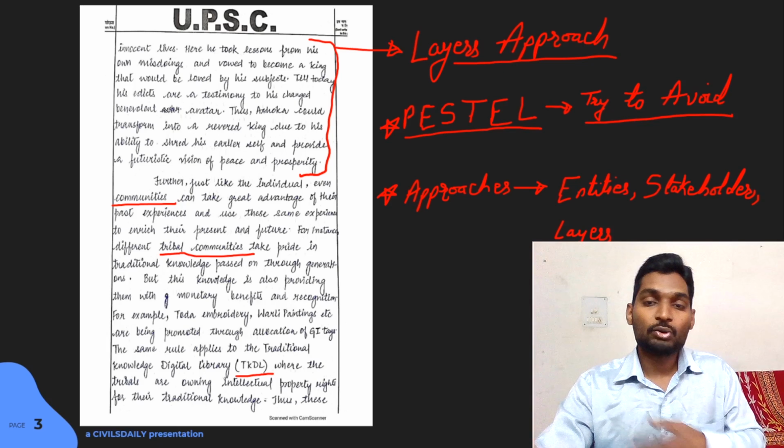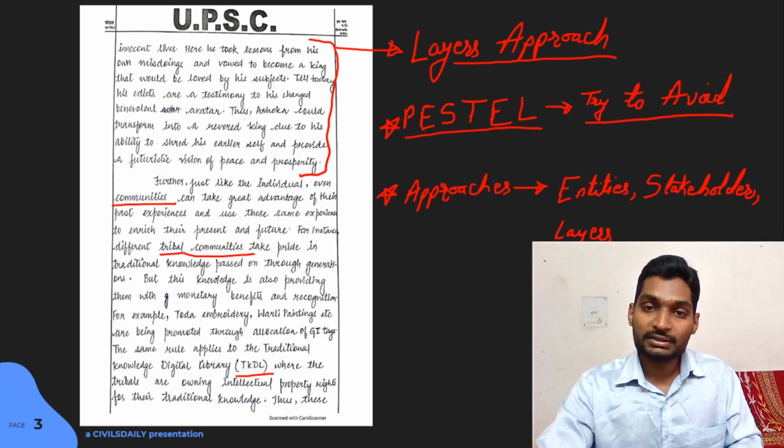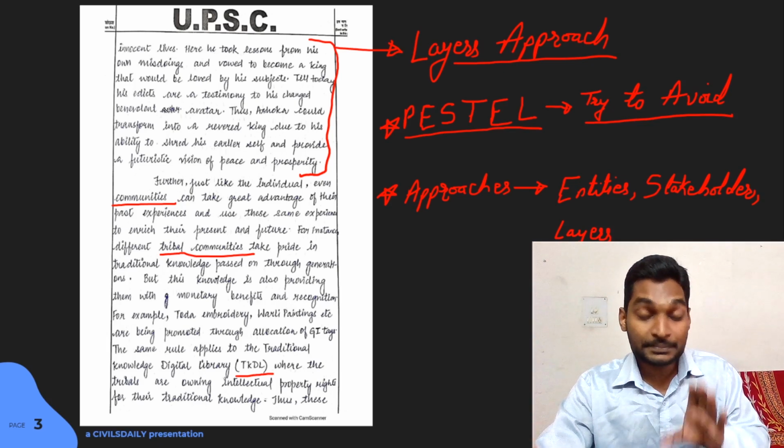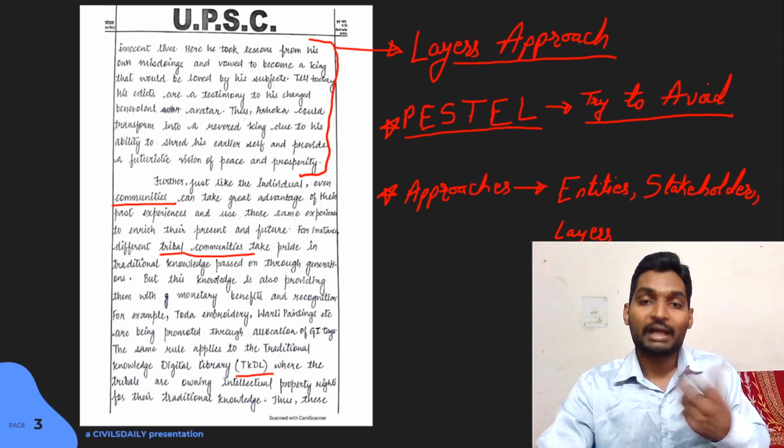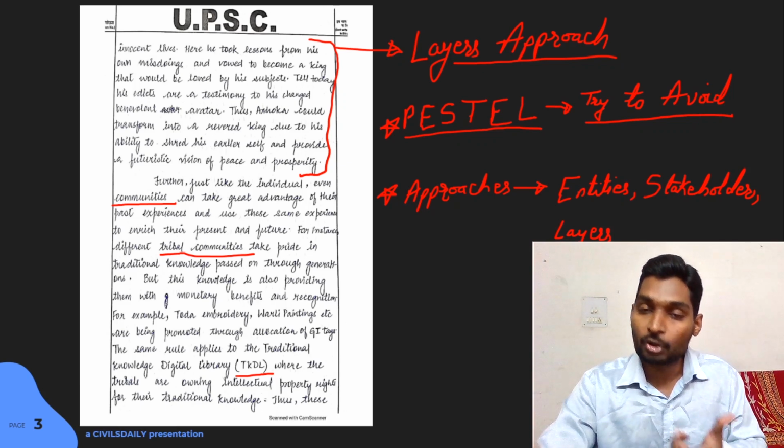So we need to avoid using the PESTLE approach in philosophical essays as much as possible, but it doesn't mean that you don't have to use the PESTLE approach at all.